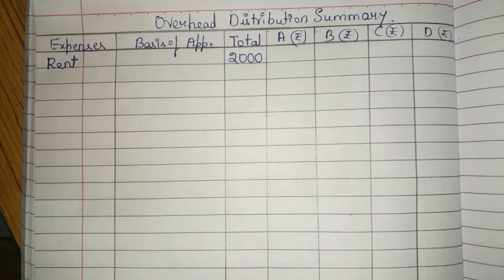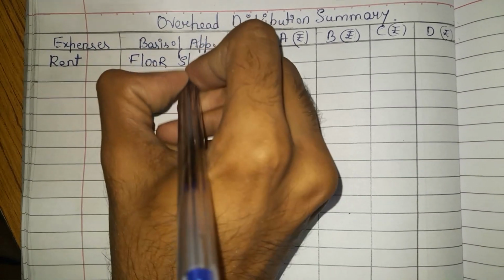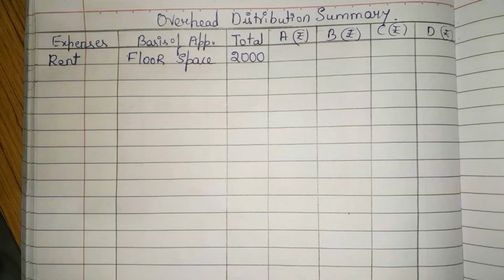So rent, rates and taxes, everything we need to apportion on the basis of floor space. So we will divide it on the basis of floor space. Now let us see how to calculate that. First one is rent. What is the rent value?